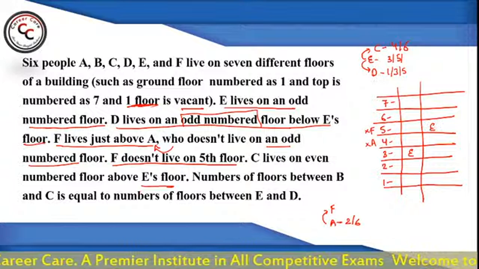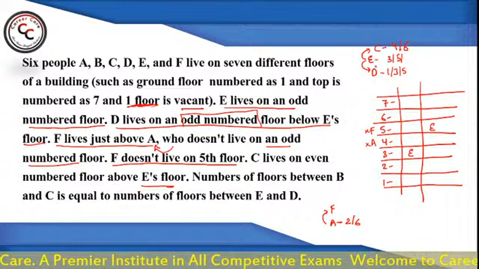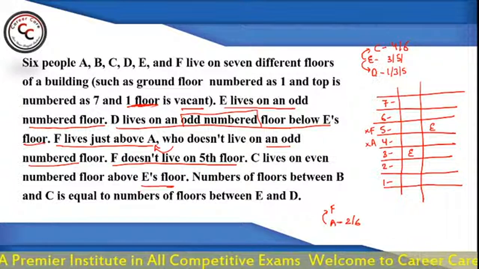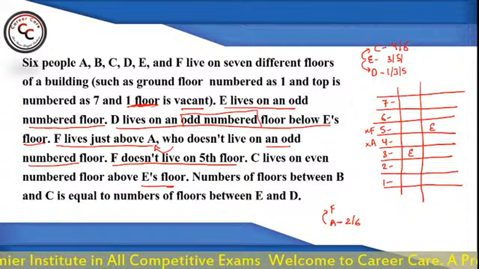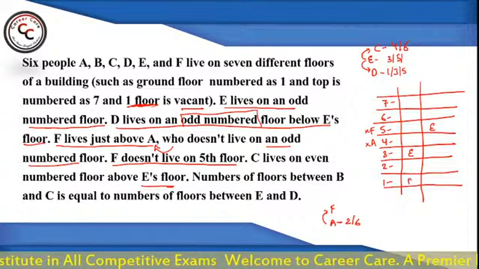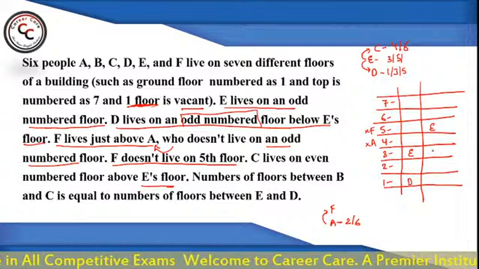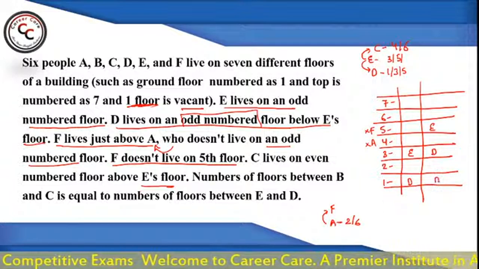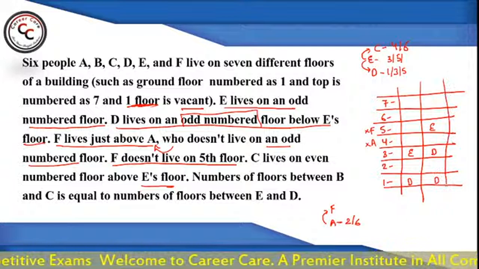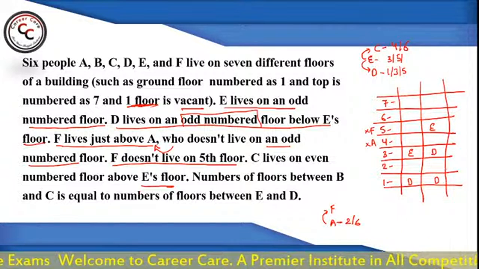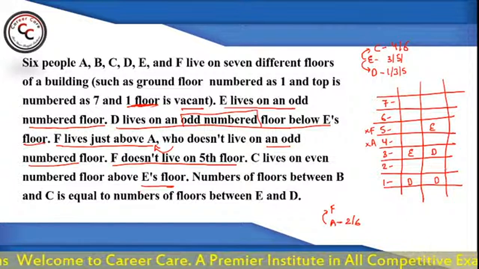Below E, D should be present on an odd floor. So below E, D will be present on an odd floor. But here if you see, D can live on the 3rd floor or 1st floor. 2 possibilities internally I am getting in this. Still no problem, we can finish off.